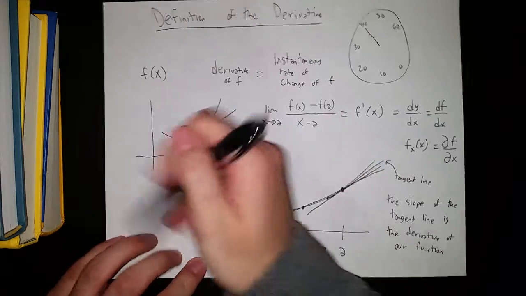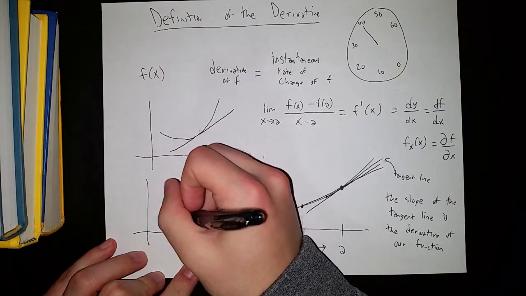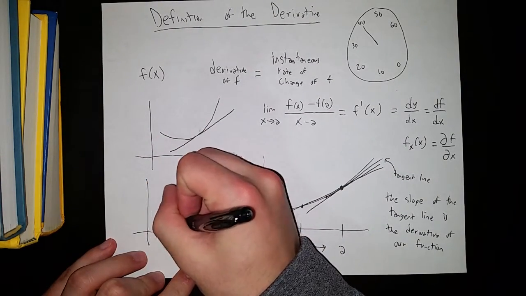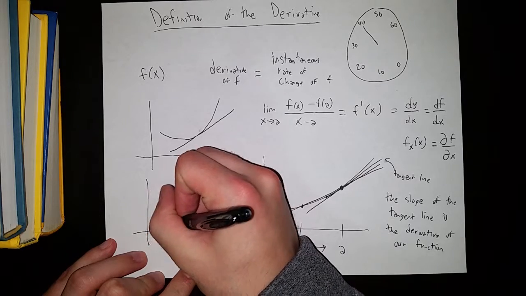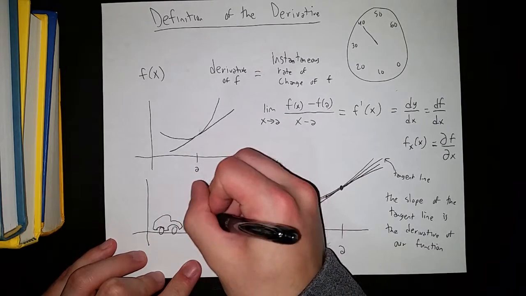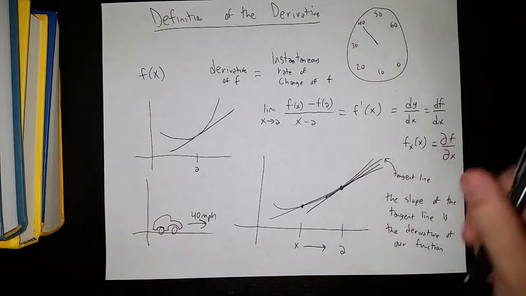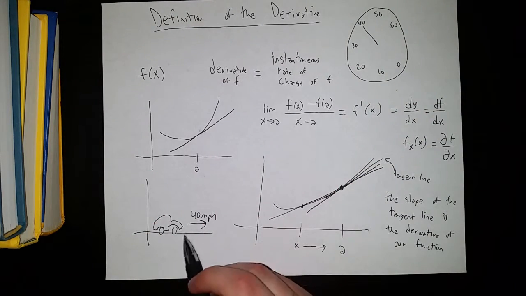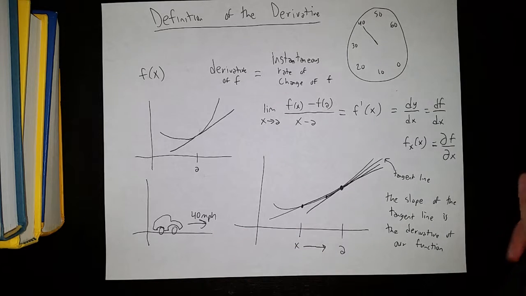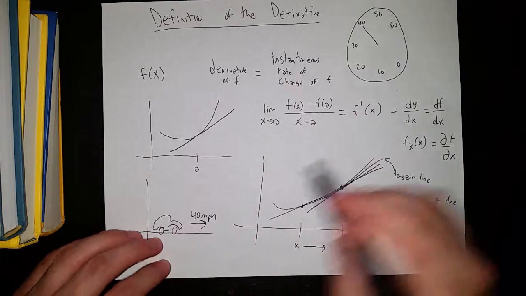If we're in our car going 40 miles an hour, then we know that our position should be changing at 40 miles an hour, which is true. If it wasn't true, then physics would break. But so that's our example.